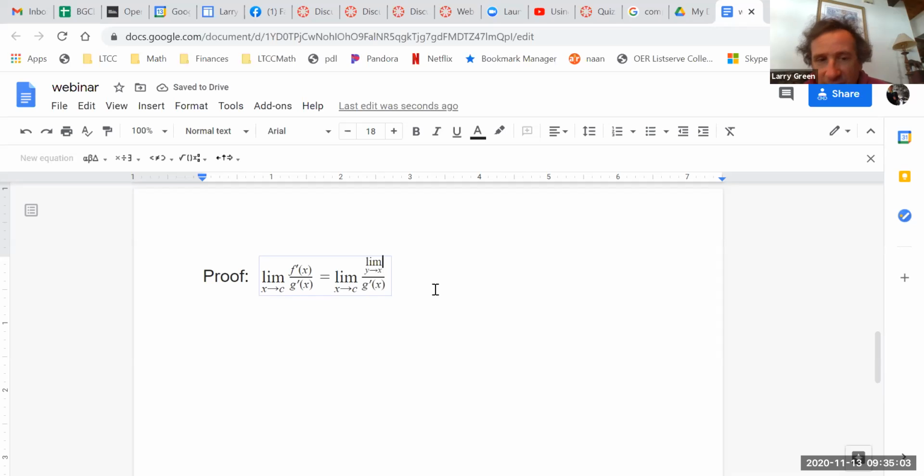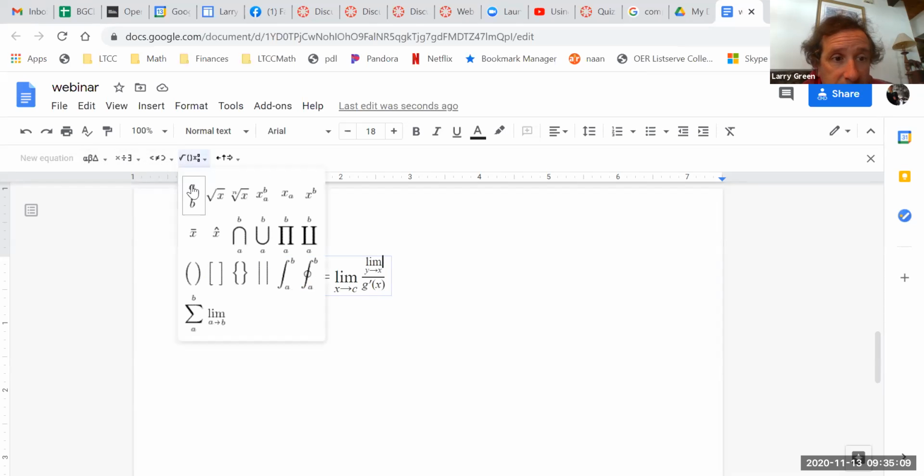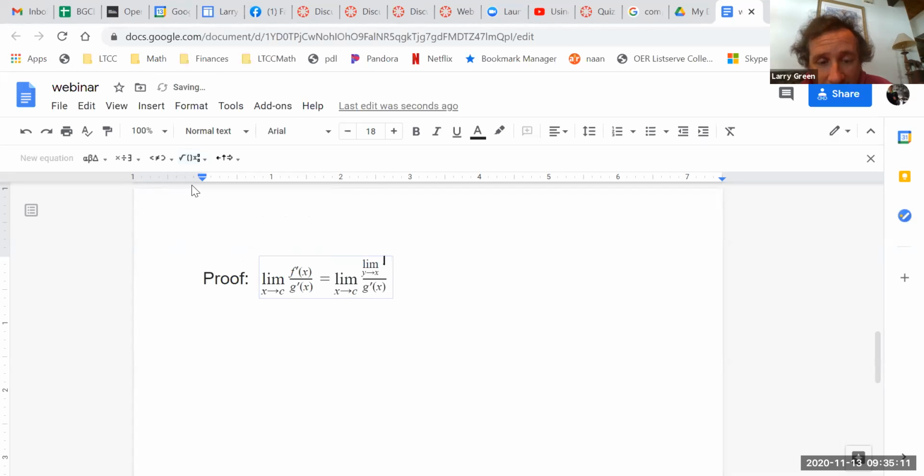There are two ways of defining a derivative, and I'm going to do it this way: f of y minus f of x over y minus x. Any questions on that?